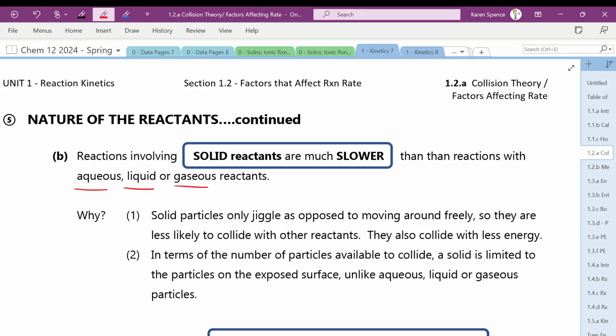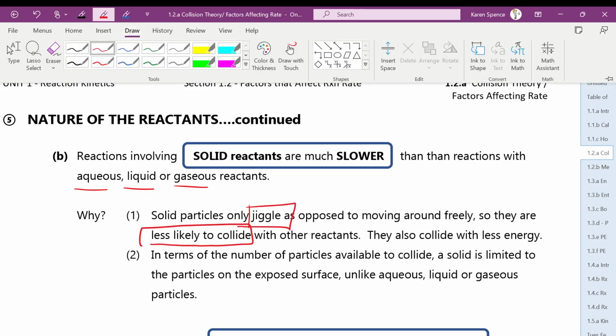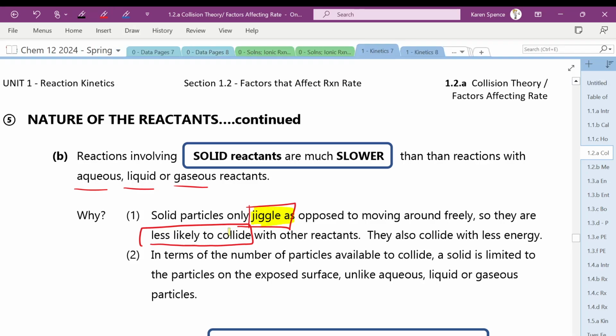That's all solid particles do. They just jiggle. So they are less likely to collide. So usually solids are the slowest. Actually, I should say solid reactants.